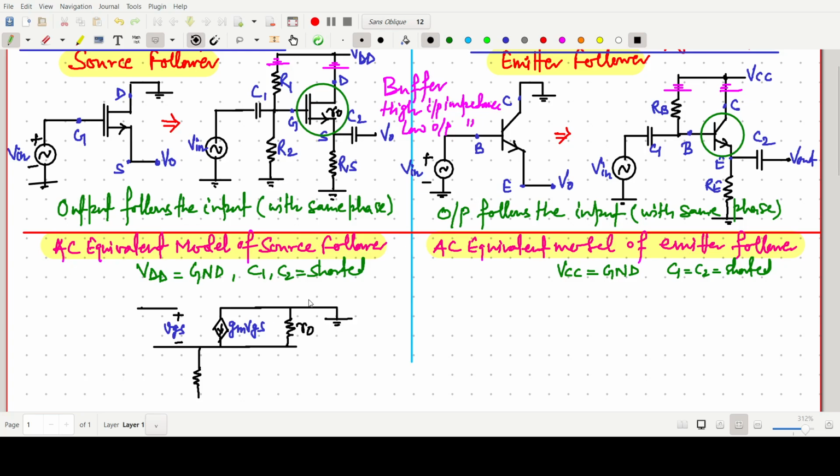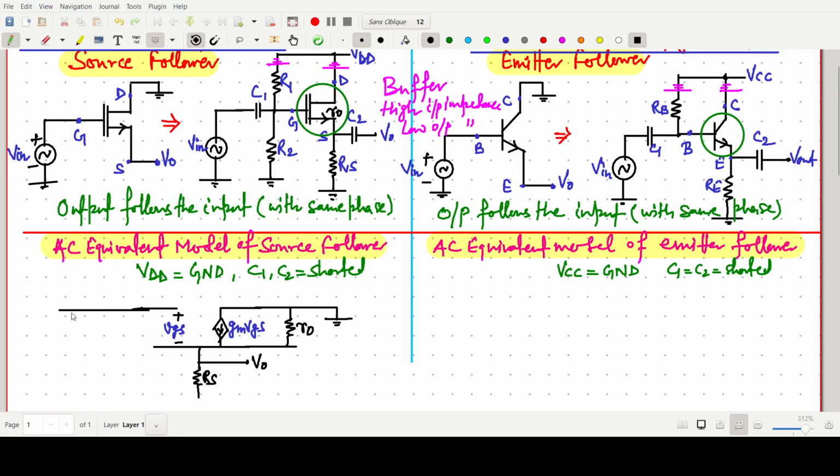I have already made a video on this source follower and emitter follower. I will share the link for both designs, and here I'm just doing a comparison. For the transistor we have VGS, gmVGS, and this should be our RS, and we are taking output from this side, that is our V0, and this one is R1 R2.